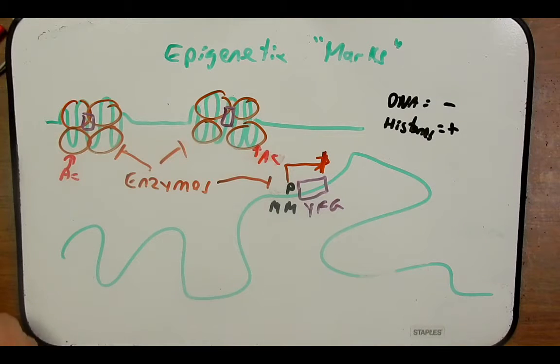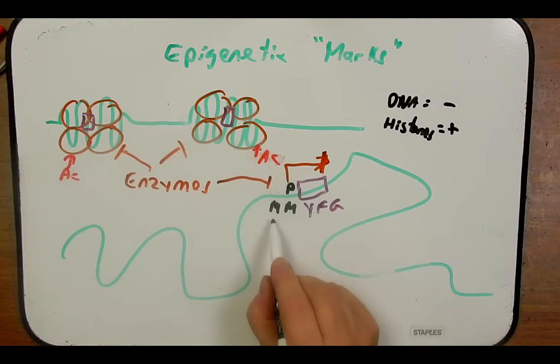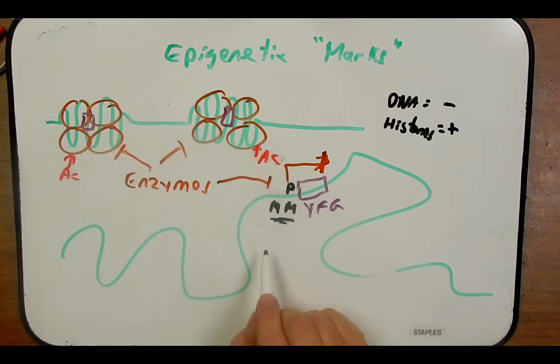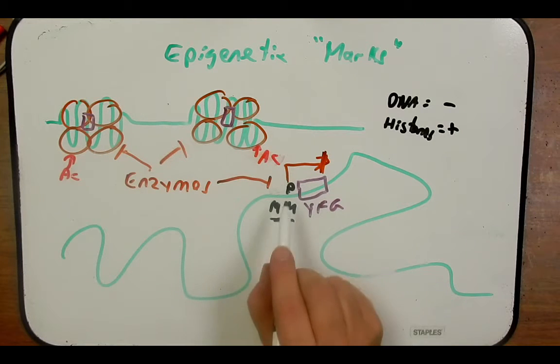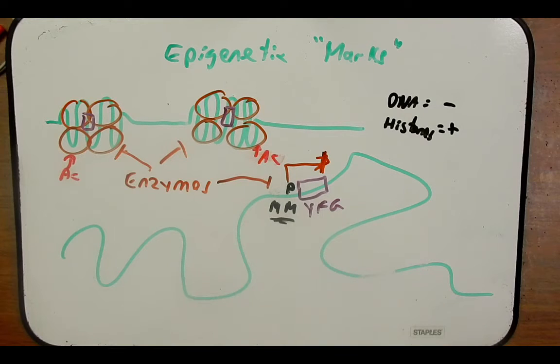What we know is that these epigenetic marks, these methylation patterns, not only do they stop transcription of this gene, but when the cell divides, these methylation patterns persist and will continue to block transcription. So it's heritable. We will spend a lot of time talking about both these concepts, removing and adding these acetyl groups and adding and removing these methyl groups.